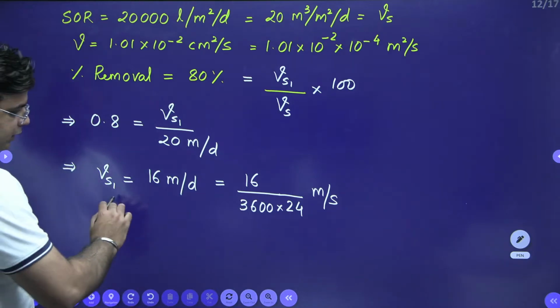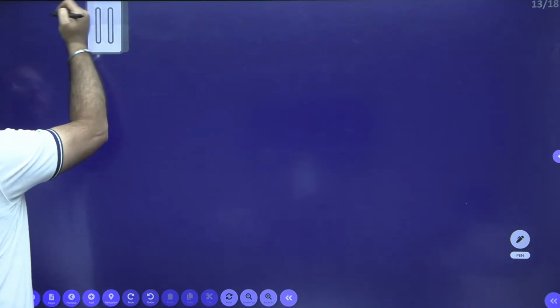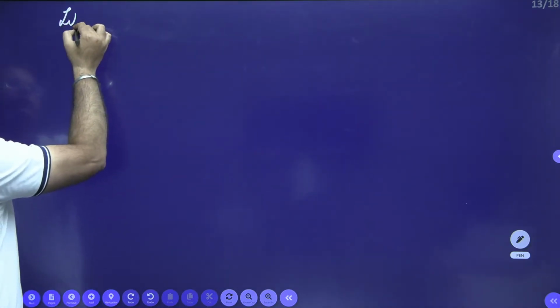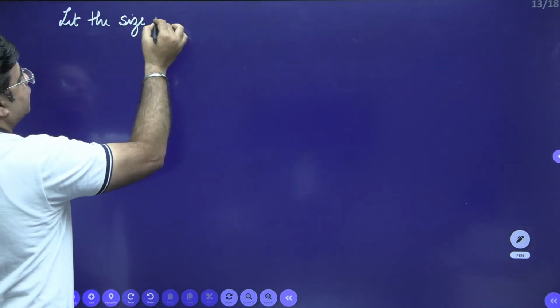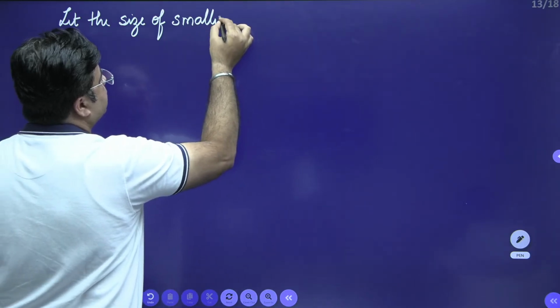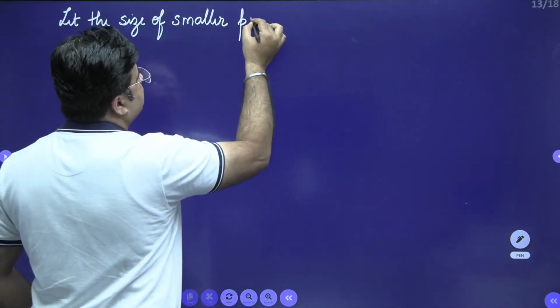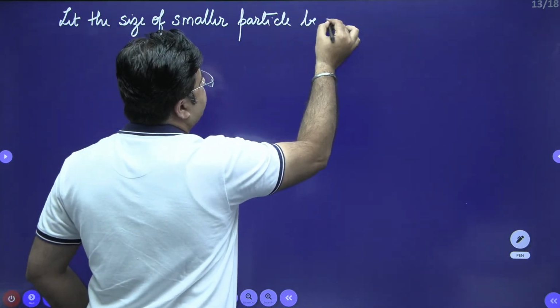Now using the expression for settling velocity, let the size of the smaller particle be d1.